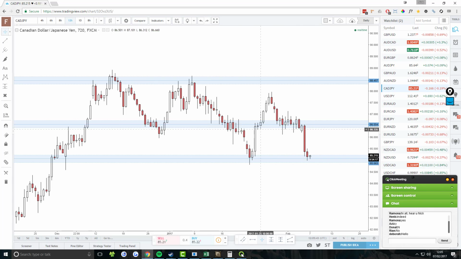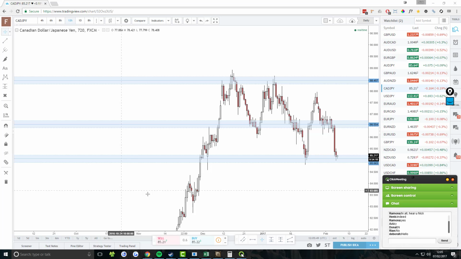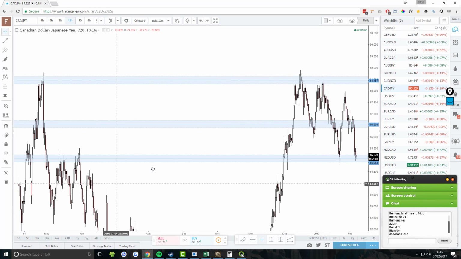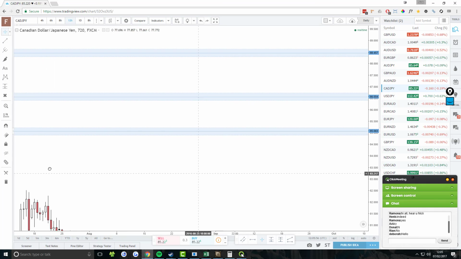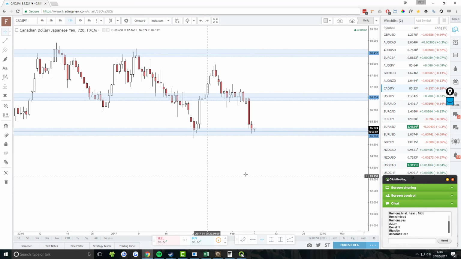But there's no denying that this is a strong support area. It had a very strong recent bounce here. Had some bounces back here, it seems. Yeah, look at those ones. So this is definitely a strong area. This is actually a psychological level too. It's a major psychological level, 85.00.